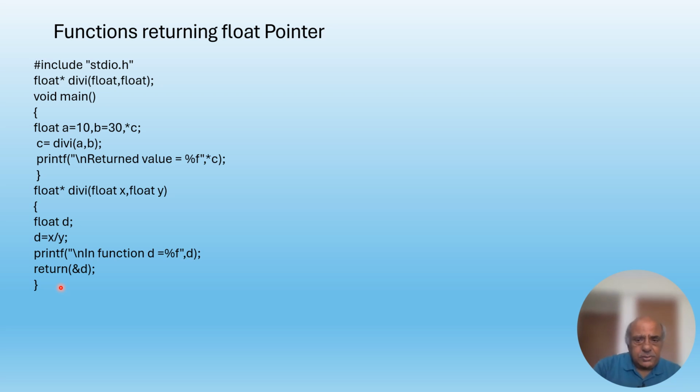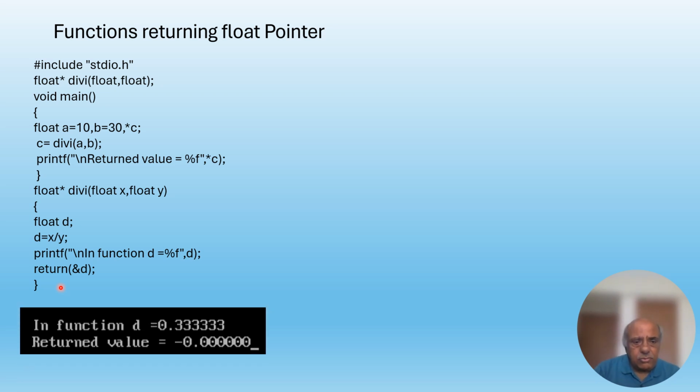So what do we expect? We expect the result of 10 by 30 as 0.333, something like that. Actually what we get is, in function dv the result is 0.333, but when we send the address of d, and when that address is used for finding out the value stored in d through the indirection operator, we get 0. Why are we getting 0?